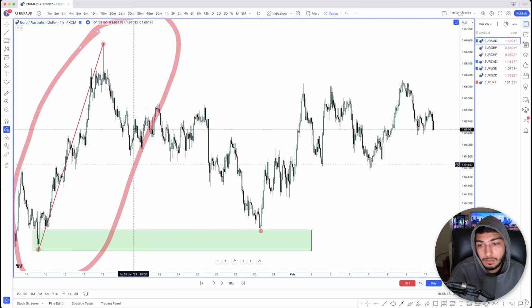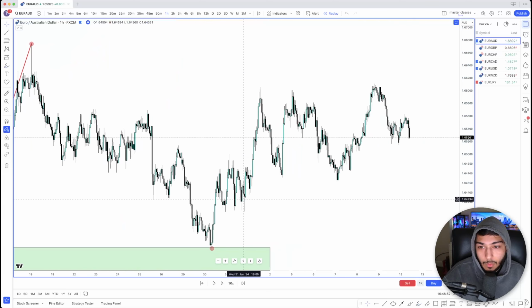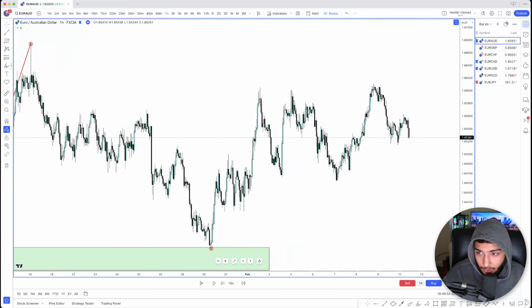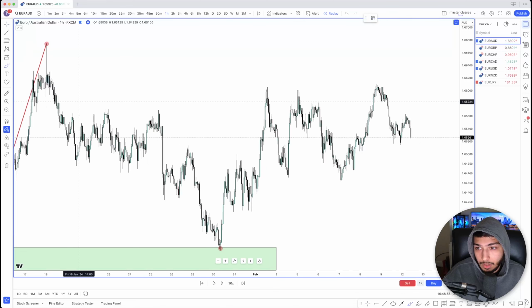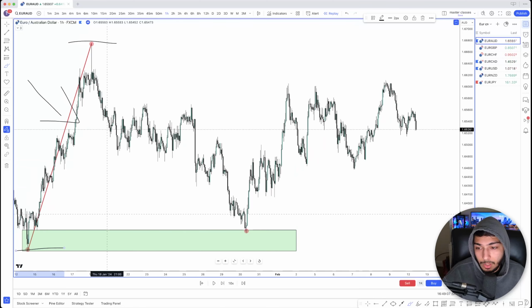That's what we like. Now, when it comes down to the next part of this, what we have to understand is there's external and there's internal structure. I would consider this here to be external structure, and everything in between here to be internal structure. So the external structure, higher time frame, is bullish.